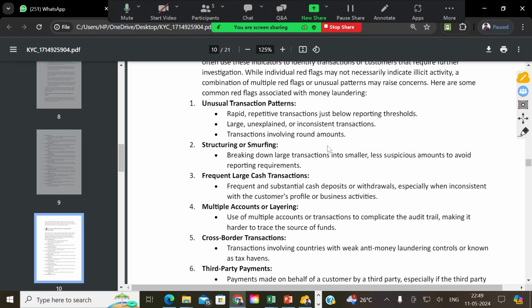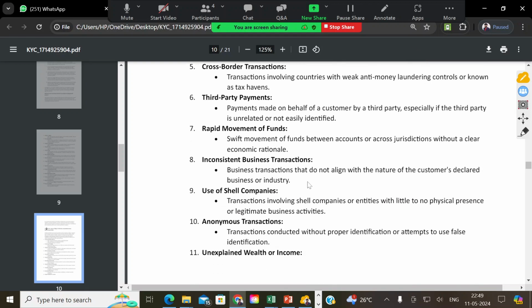Then cross-border transactions or third-party payments, it all comes under additional monitoring, so we should perform additional monitoring. Then rapid movement of funds, inconsistent business transactions, use of shell companies, which is not something new in India. There is no physical presence, but still the company is activated and doing trades.